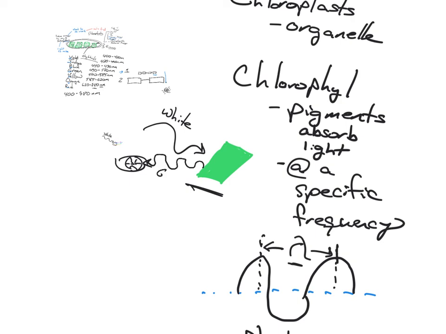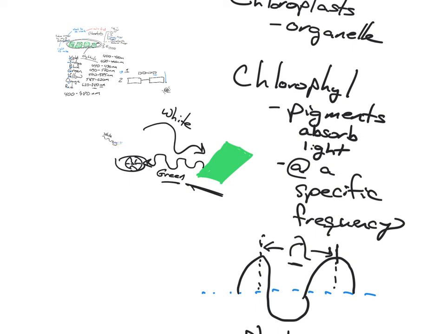So people that are red-green colorblind, there are missing cells or pigments or genes. They have a gene that doesn't allow them to make that pigment, so they don't see that color. So in this case, what we see here is it's the green that gets bounced back to your eye.